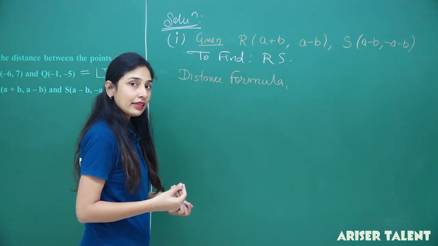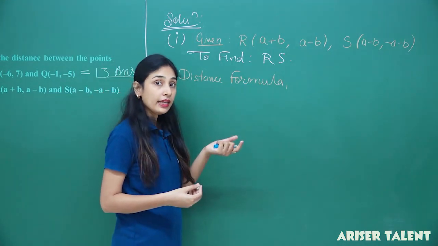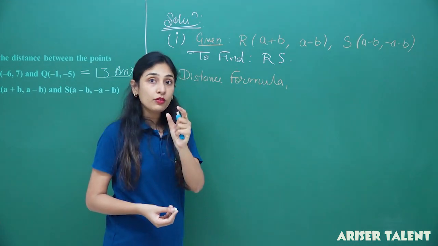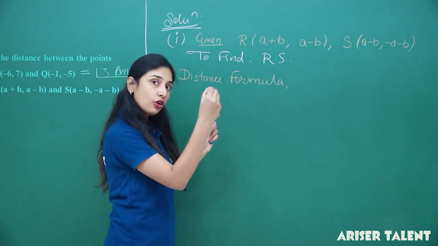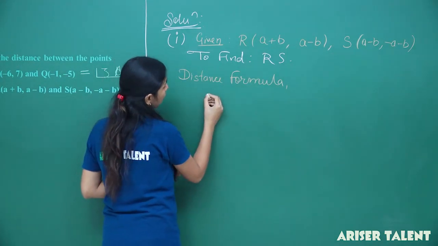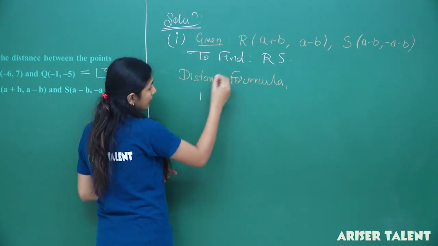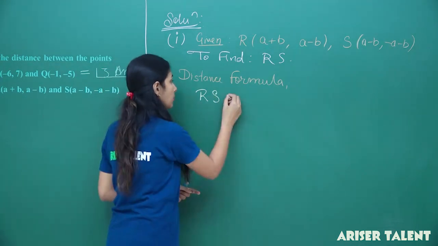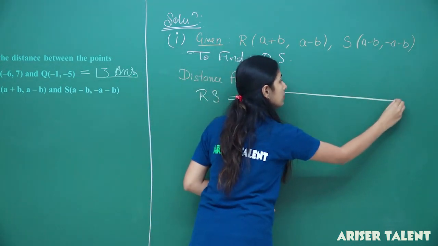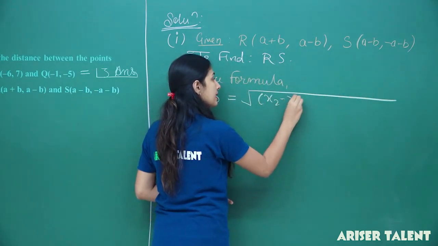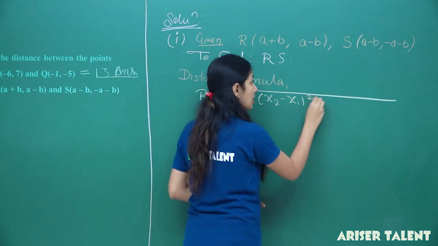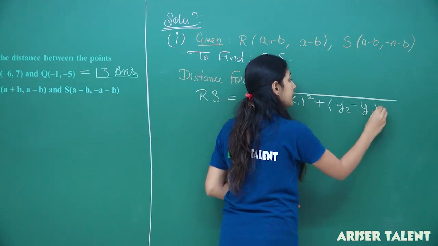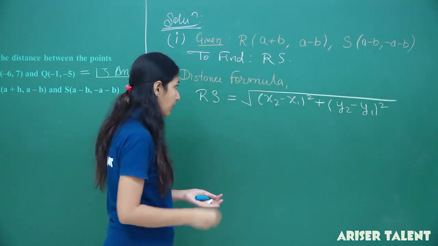Why are we writing it again and again? Because if you write the formula again and again, you will practice it. So it will not be compulsory to memorize it for you guys. It will be very easy because you always write it. So in this case, I will replace P and Q with R and S, the points, equals to, again, x2 minus x1, the difference of the abscissa, square, plus the difference of the ordinate, square.